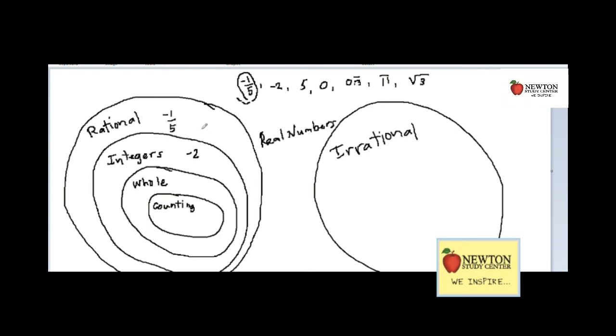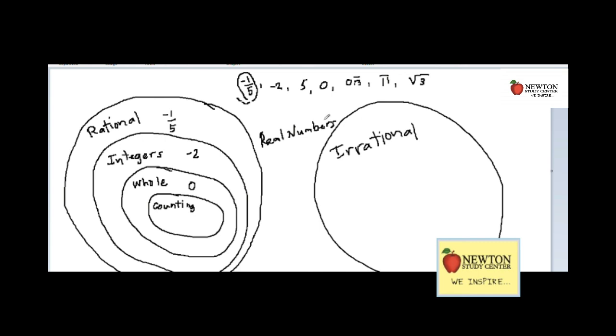So 0 is a whole number. It is an integer because integers are comprised of positive and negative numbers, including 0. So 0 is here.